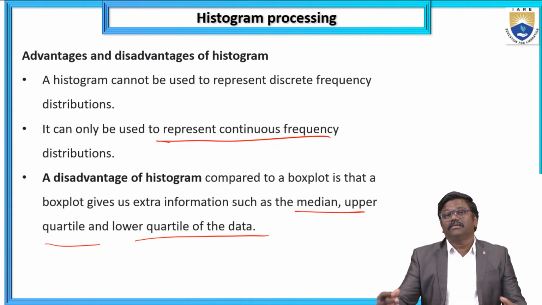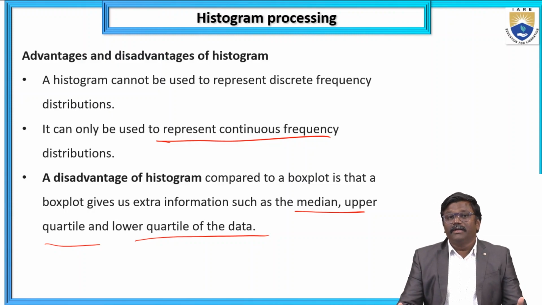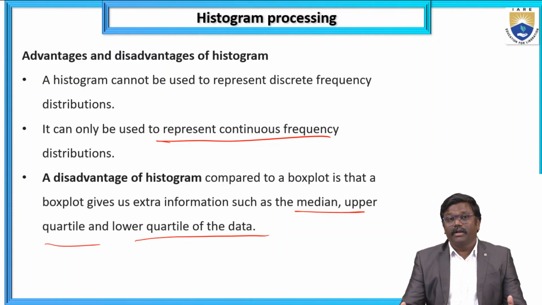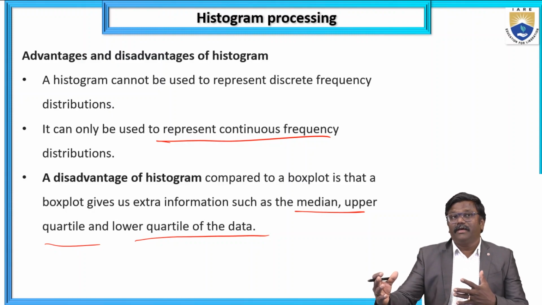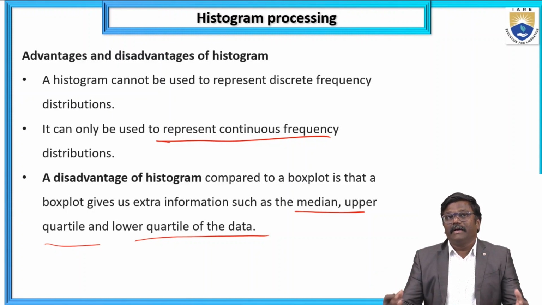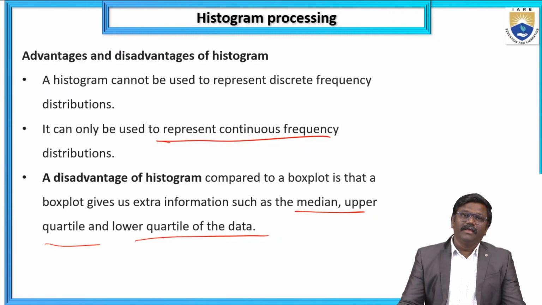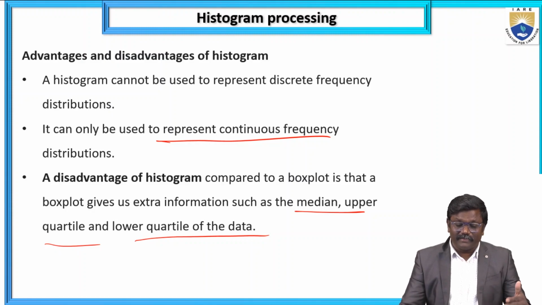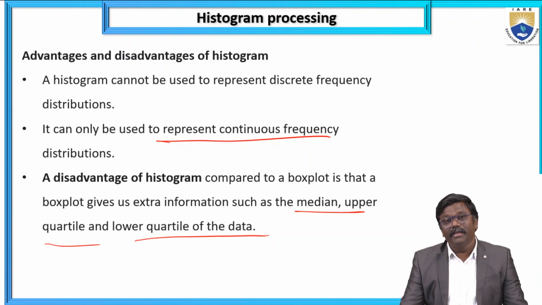Sometimes it may disturb your expected enhancement or contrast of an image. It may also have a little bit of complexity. That is the disadvantage. Sometimes the extra information such as the median value or the upper and lower quartiles of the data will change.